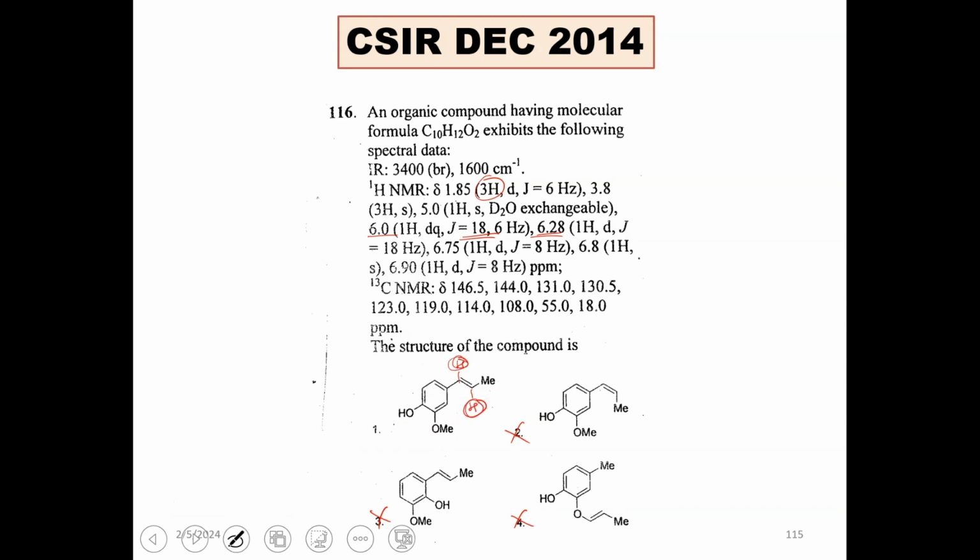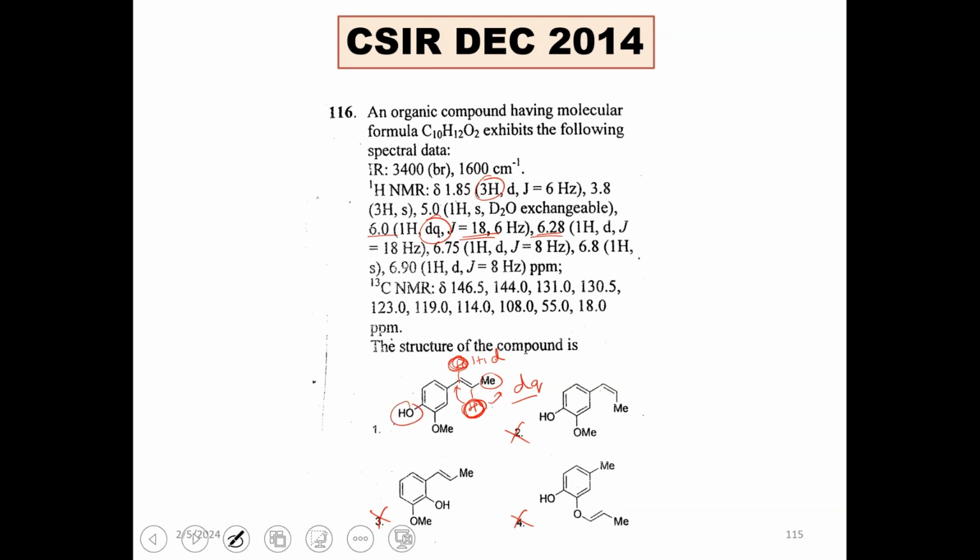This alkene hydrogen has one neighboring hydrogen, so 1 plus 1, this will come as a doublet. Whereas this has two neighboring partners, this methyl and hydrogen, which are far different in their chemical shift values. So this hydrogen will be split twice, by this methyl and by this hydrogen. So that is why you have DQ, doublet of quartet. So keep that in mind.